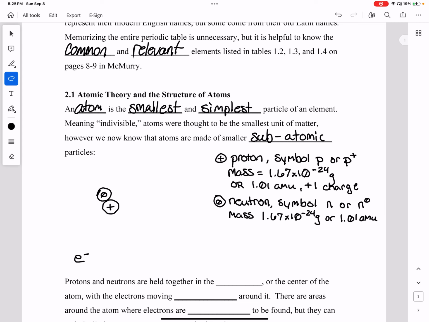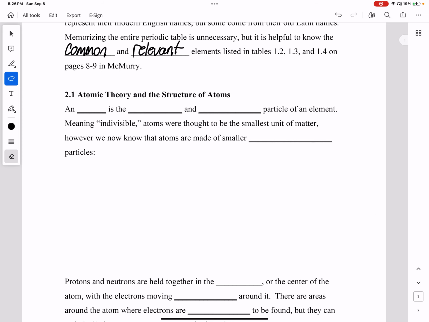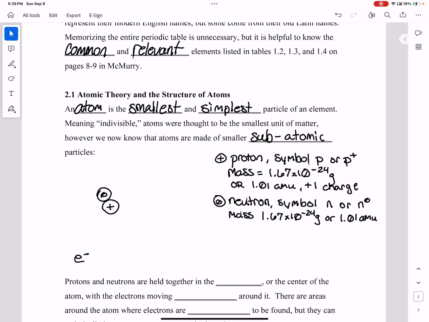Okay, so all the way out here, there is an electron. Another thing we should say about the neutron is no charge.